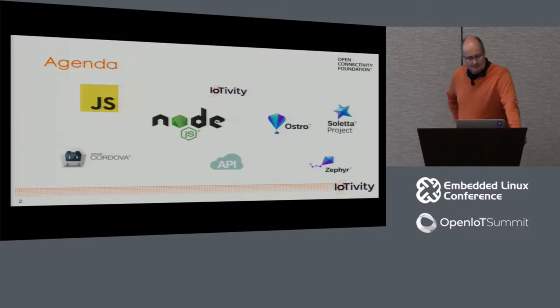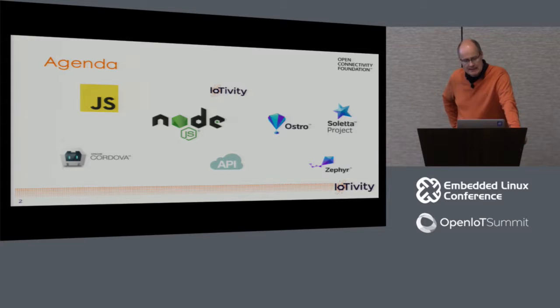We first talk about Node.js and the Iotivity project, how we bind those two together. Then we talk about the cloud integration. Not entirely the way it was presented in the morning session, but this is a different approach with similar goals. Then we talk about Cordova, which is an API bridge for web mobile applications.